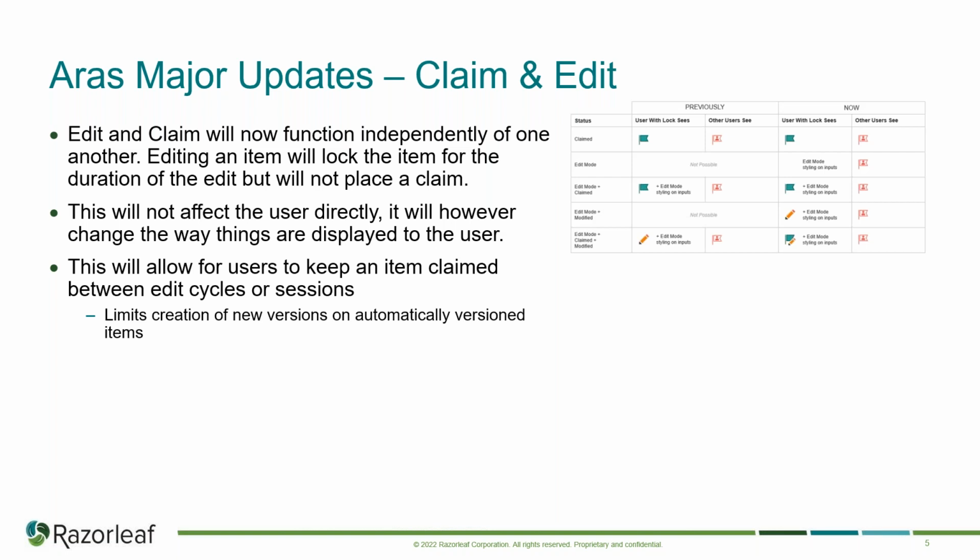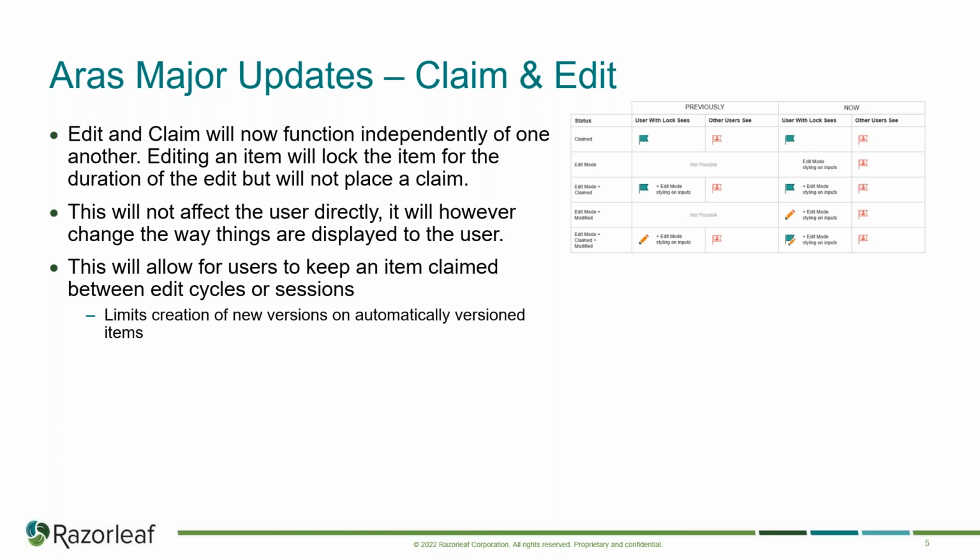So previously, if you were to click done or discard on a claimed item, it would automatically unclaim it. You'd see the green flag disappear. But now, if you manually select the green claim flag, selecting done or discard on a claimed item will not affect that claim status. The lock status is set independently of when edit or claim are both active, and it will only be unlocked when it is neither claimed or in edit mode.